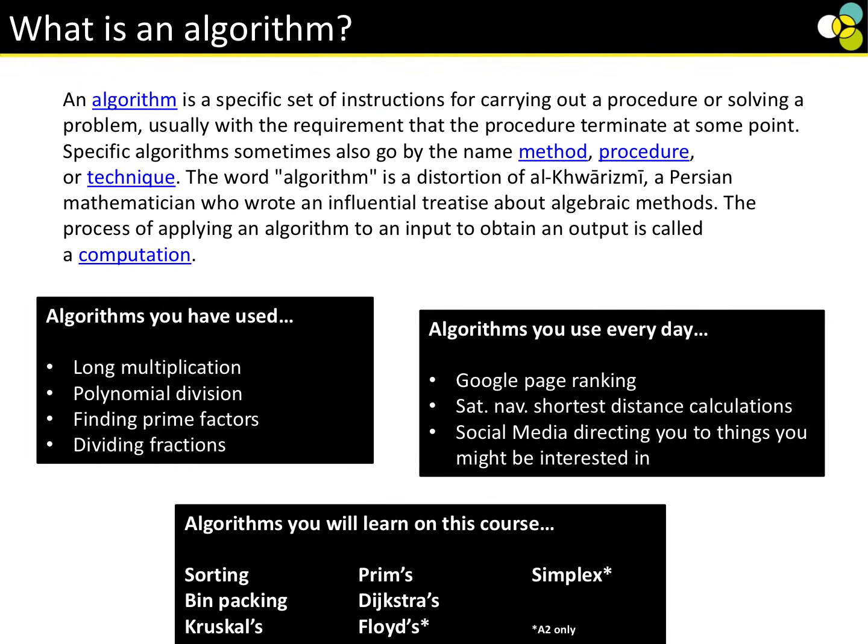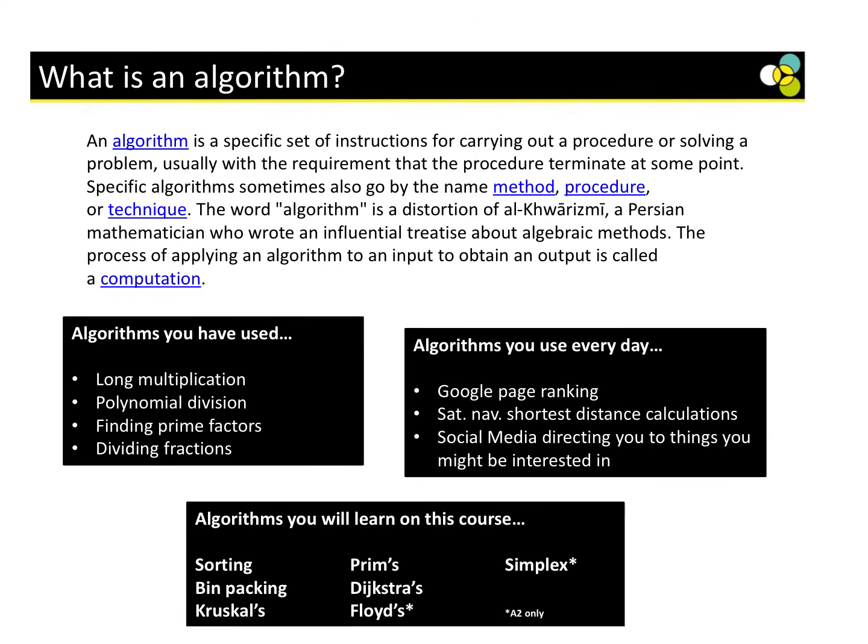Okay, so you need to know what an algorithm is. An algorithm is a specific set of instructions for carrying out different types of procedures. Different types of algorithms have a specific name, method, or procedure. Basically, when we apply an algorithm to an input and obtain an output, what we're actually doing is computation.